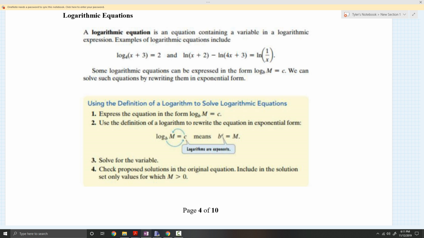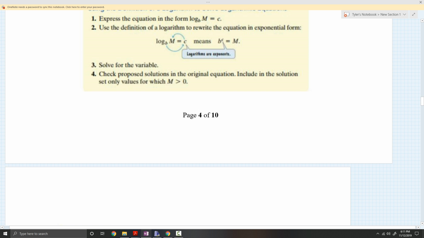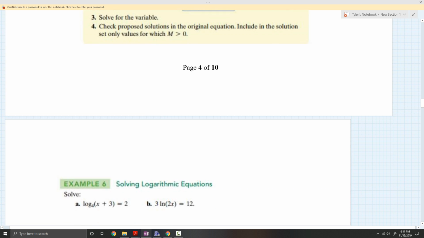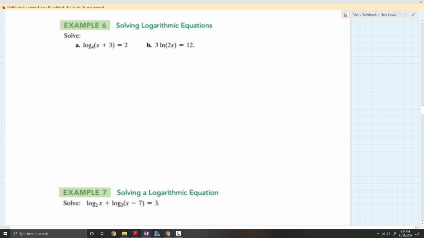So that's what we want to practice now. And again, this is a special kind of case, so it's just giving us some techniques to help us solve these. So for part A, we already have log base 4 of x plus 3 equals 2.